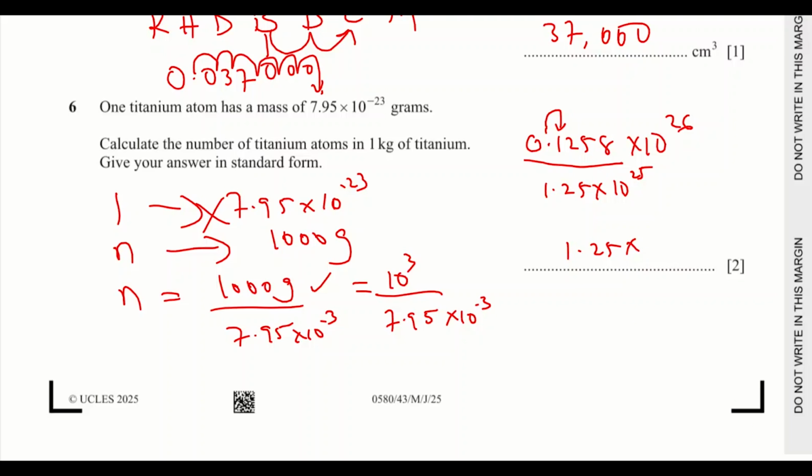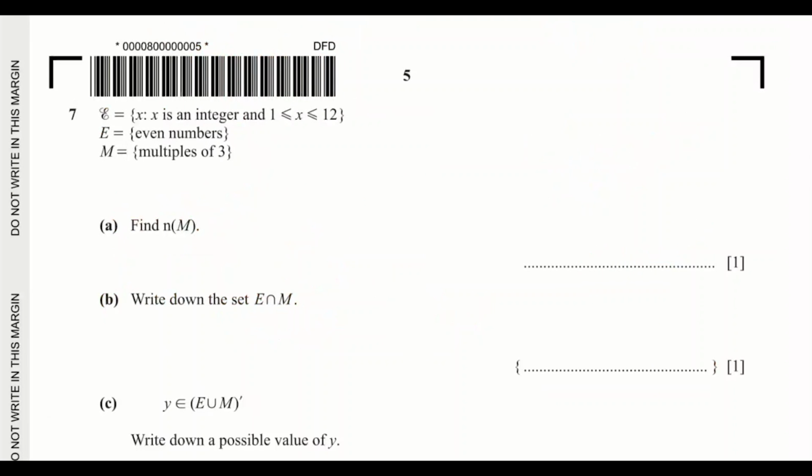Oh sorry, this should be 1.26, approximately 1.26. So let's write this again. So this will be 1.26 times 10 to the power of 25. So let's go to the next question. That should be question 7.